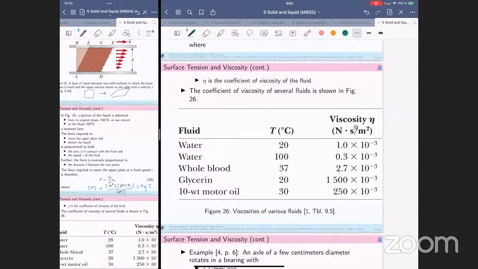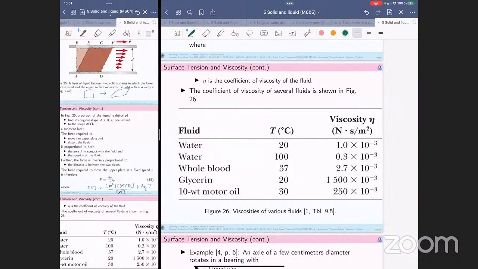And one thing we could observe from this table is the whole blood. The blood has higher viscosity than the water. And the viscosity of the blood is quite sensitive to our human condition, right? If the blood cannot flow well, your body may have a problem.